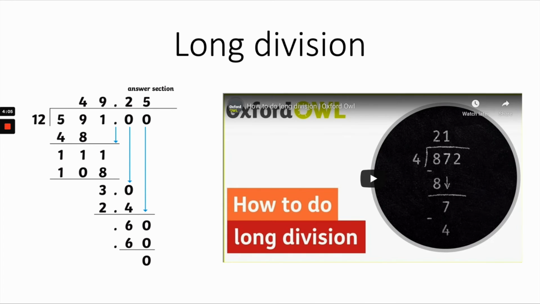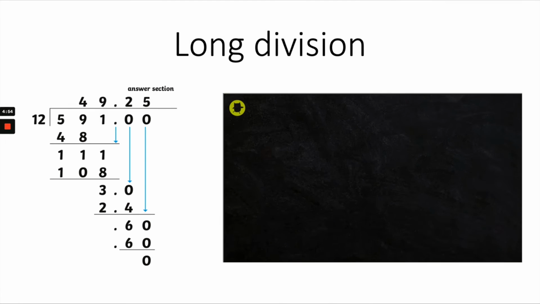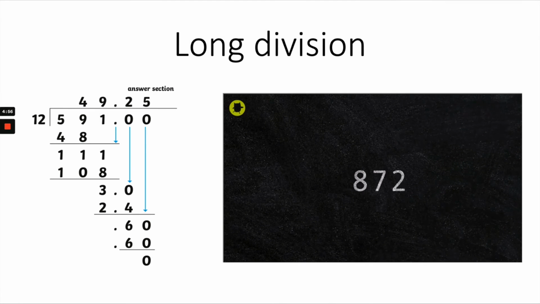And here we have some long division. So I'm just going to show this example that clearly illustrates just how the children can solve this type of calculation. To use long division to work out the calculation, we have to set the calculation out like this. We begin by asking, how many 4s are there in 8?